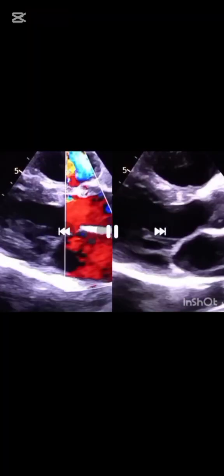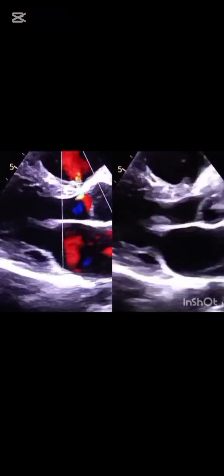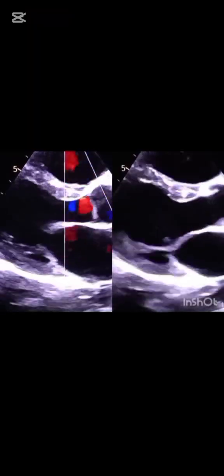So based on this, you can guess the best way of answering that question, and why. This is the apical window. You can see the defect clearly, compared to the parasternal long axis view where you cannot see the defect clearly and cannot measure the defect size.